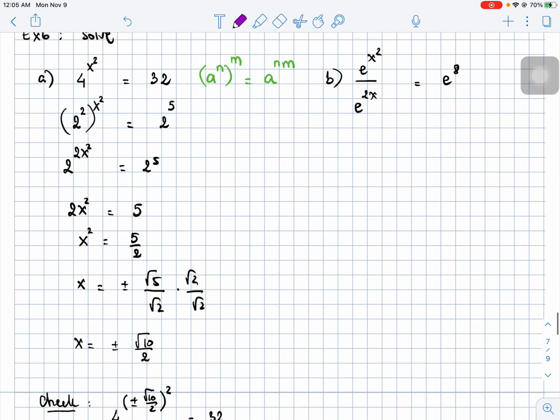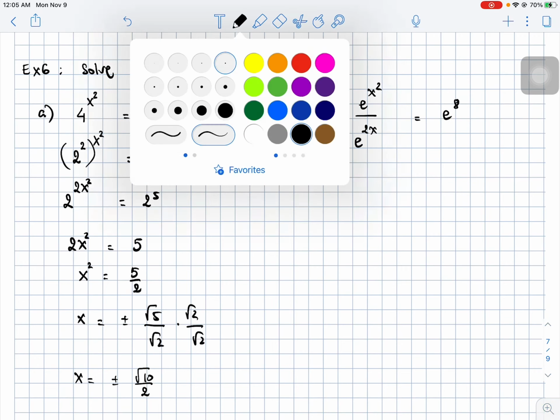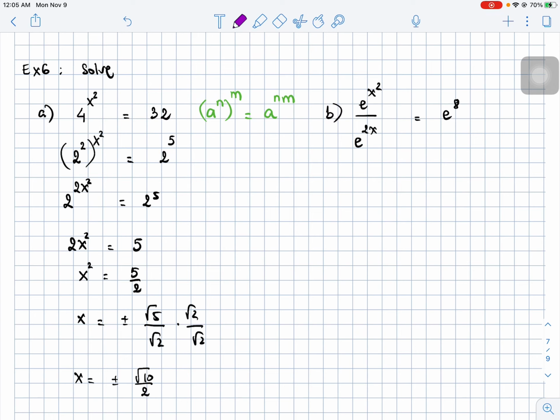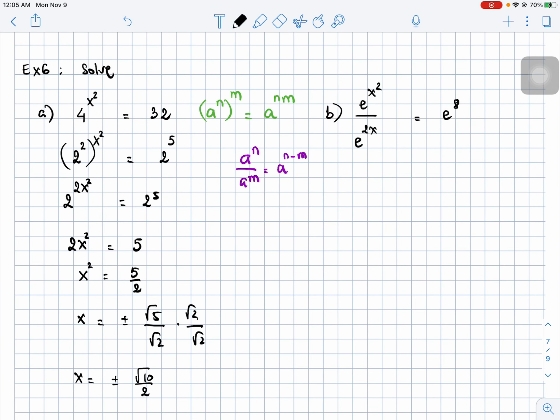Now problem B. On the right-hand side we have e already. On the left-hand side we have e, but we have two of them, so let's make one. We use the quotient rule. The quotient rule is that if we have a to the n divided by a to the m, then we subtract the exponents.